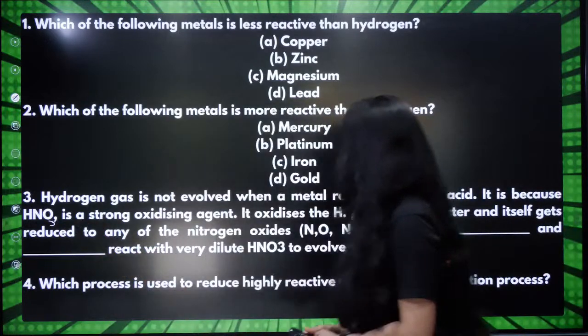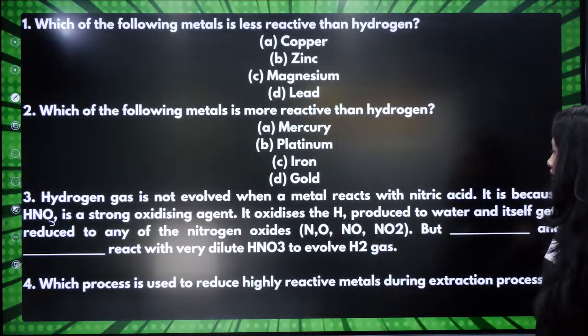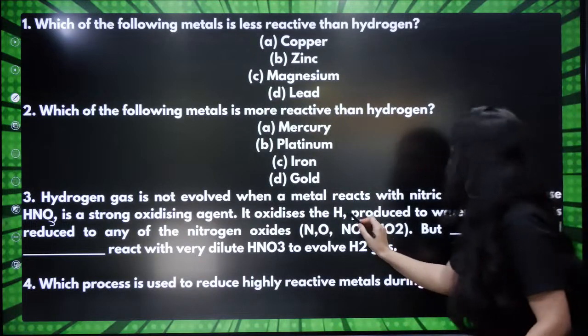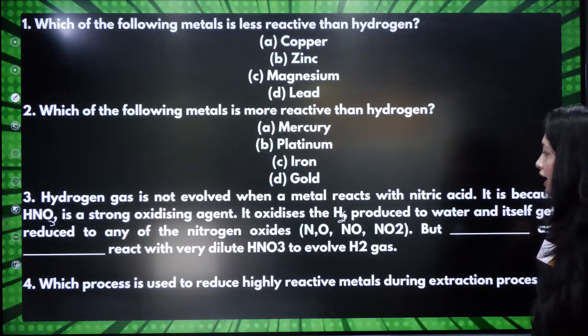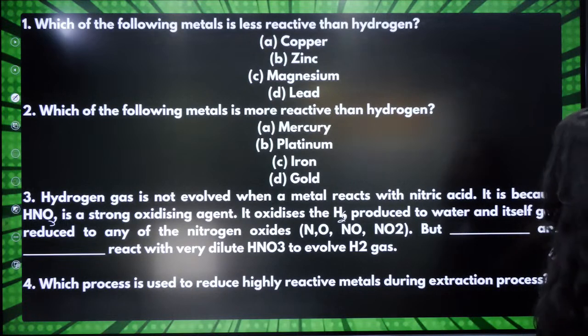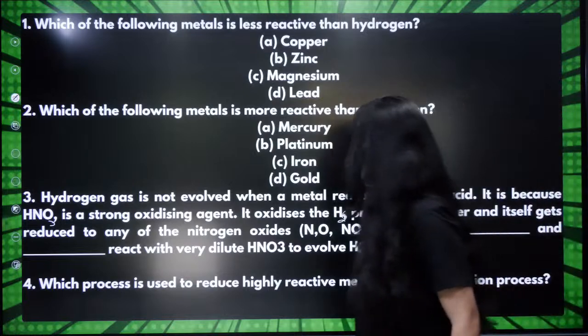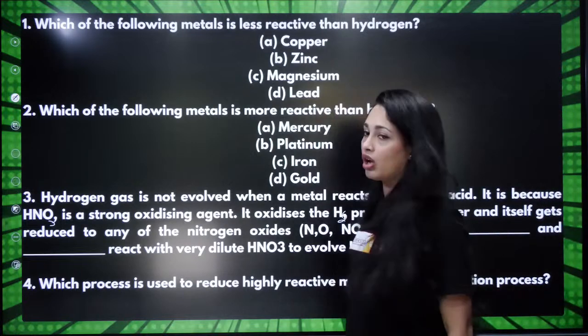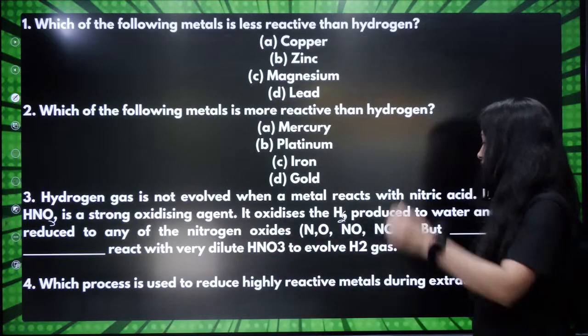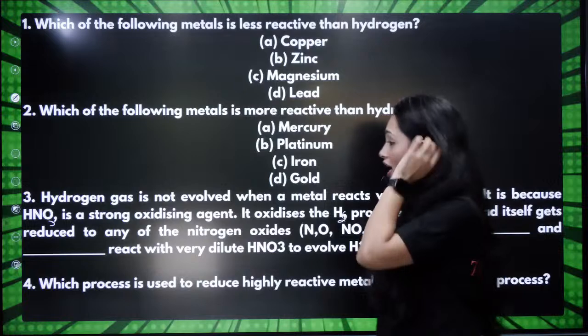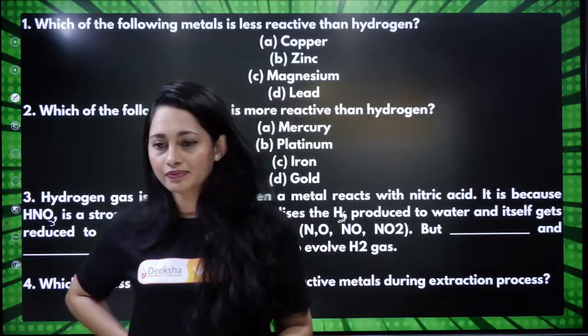It oxidizes the H2 produced to water and itself gets reduced to any of the nitrogen oxides. But dash and dash react with very dilute HNO3 to evolve hydrogen gas. Last question, which process is used to reduce highly reactive metals during the extraction process?